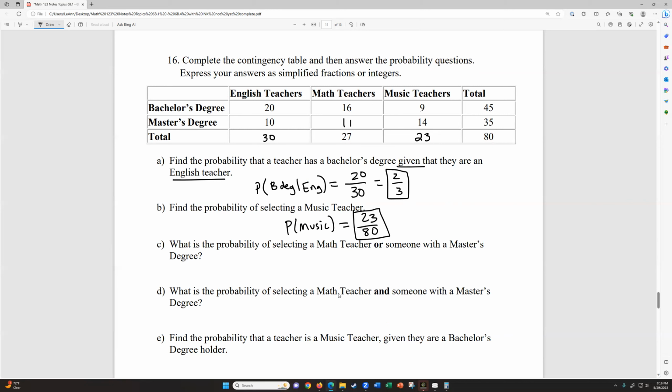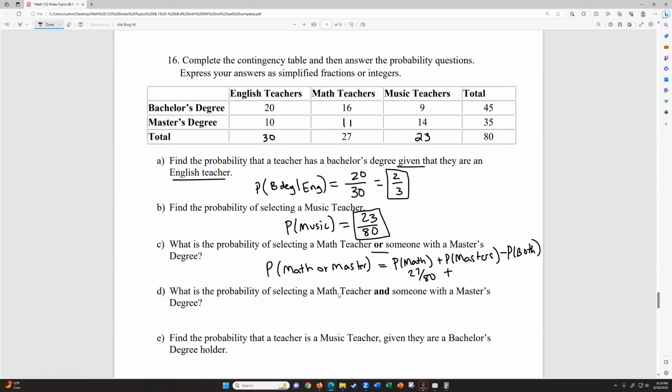What is the probability of selecting math or someone with a master's? So probability of math or masters. That's one where we'll need our formula. Probability of math plus probability of masters minus the probability that you have both. That's the overlap. So math teachers is 27 out of 80 total.